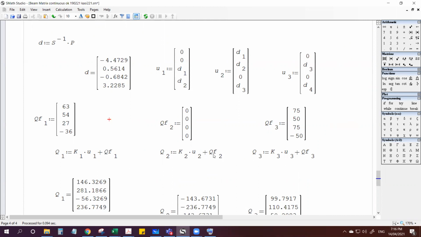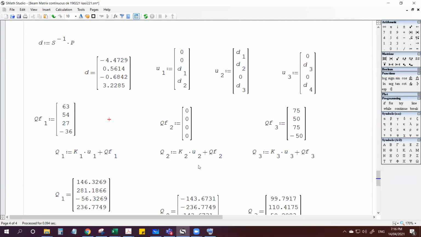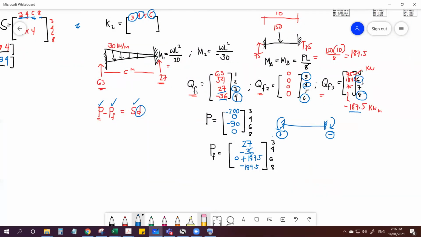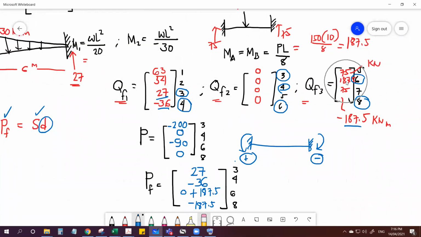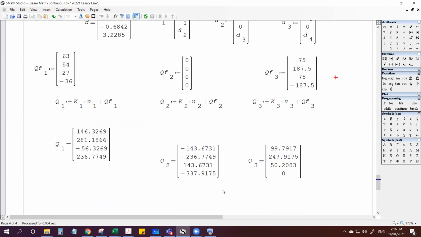K2 U2 plus QF2. And Q3, update the QF3, should be 75, 187.5. Should be 187.5.